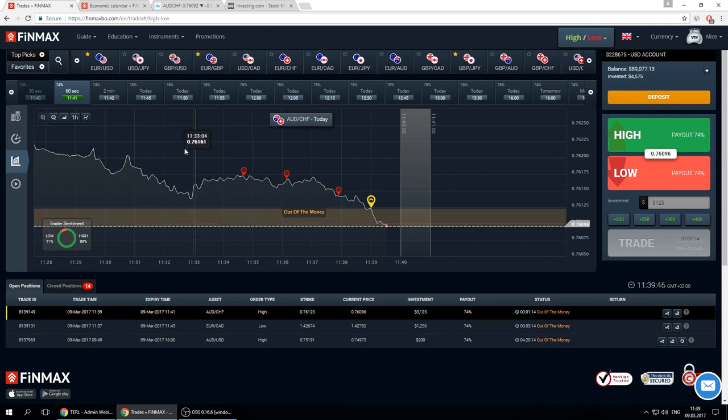Fourteen trades already. Well, this one for Australian dollar to Swiss franc looks like it's going to take us long.